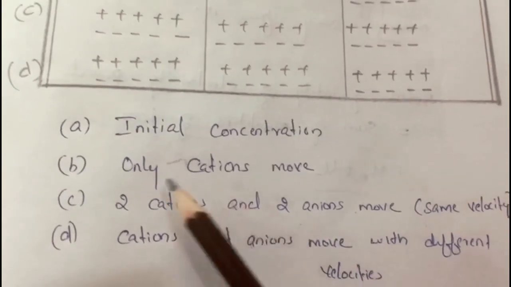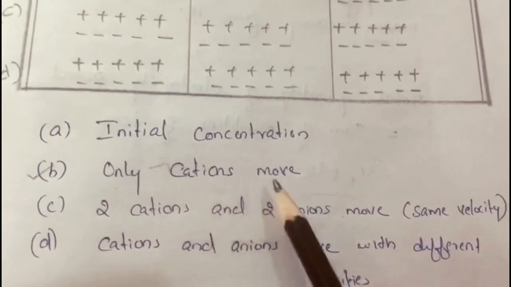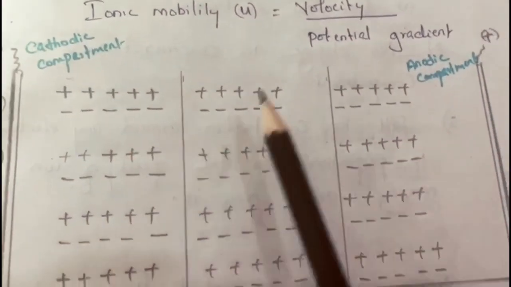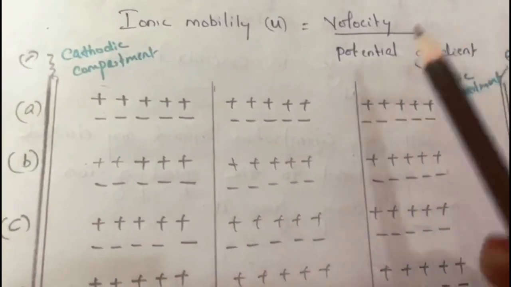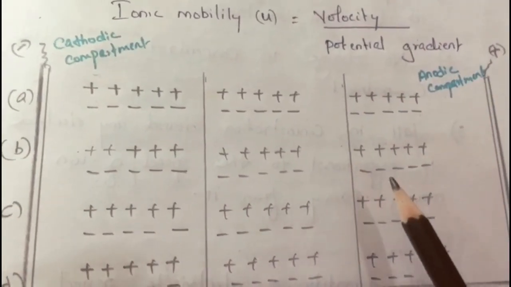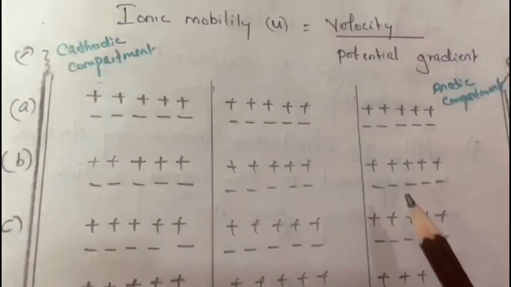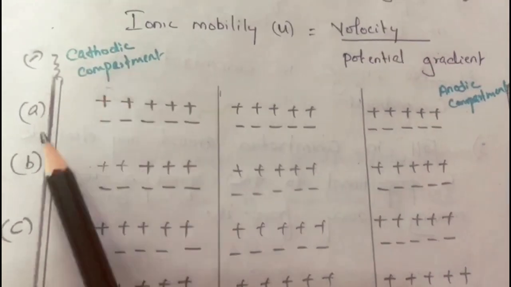Now let us discuss the second condition B, that means only cations move. The anion is not moving. So this is the second condition. Here I have written all the same. Now when we are passing the electricity, what will happen? Only cations are able to move. So where will the cations move? Cations will move towards the cathode.